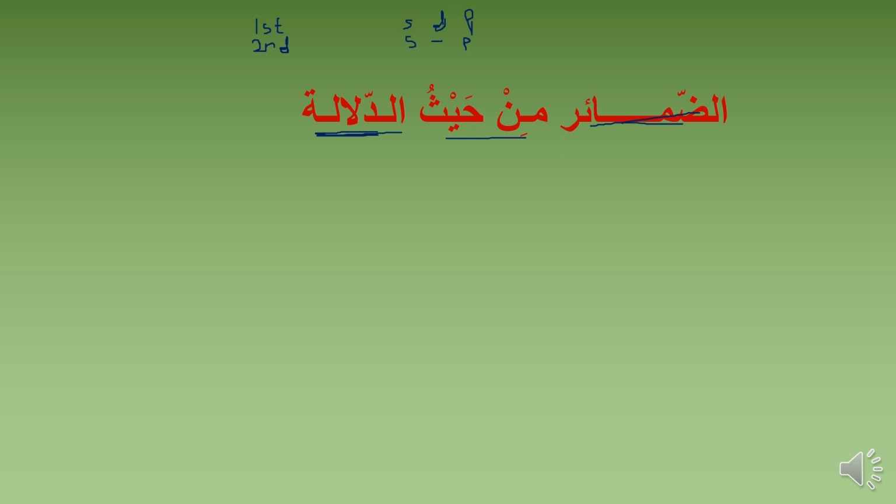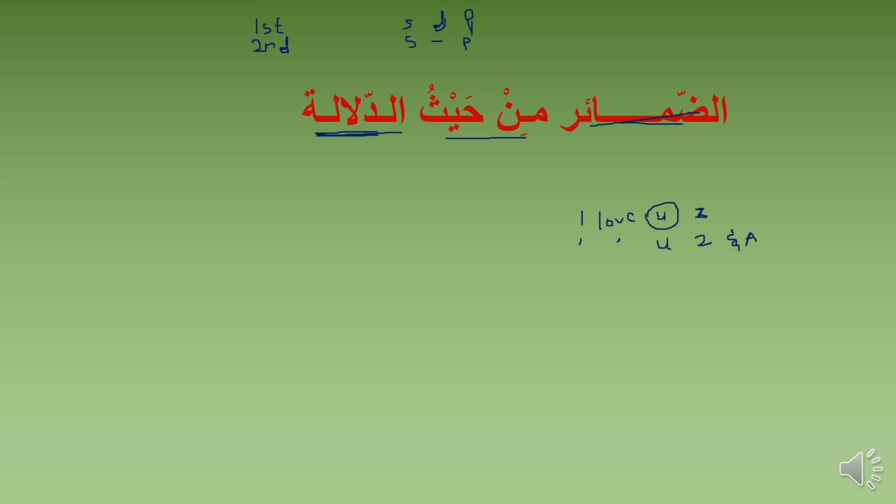Like in English, now I want to say, I love you, Zainab. So this you will be repeated when I want to say dual: I love you, Zainab and Aisha.